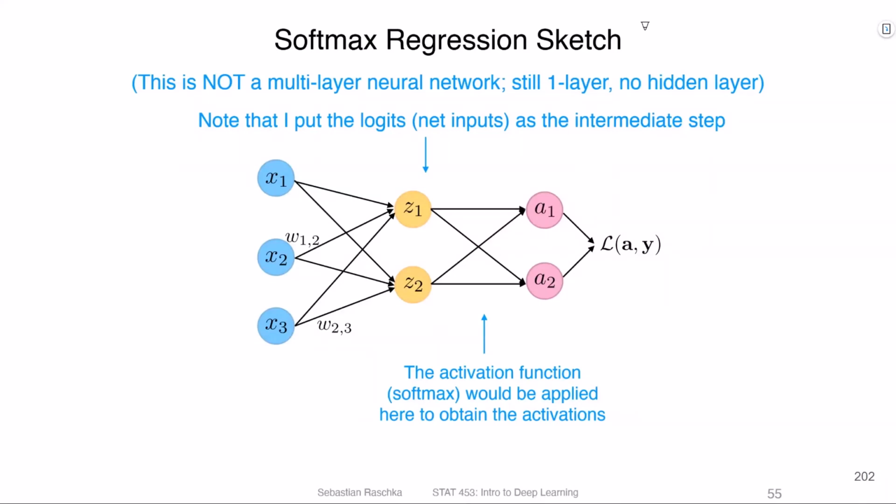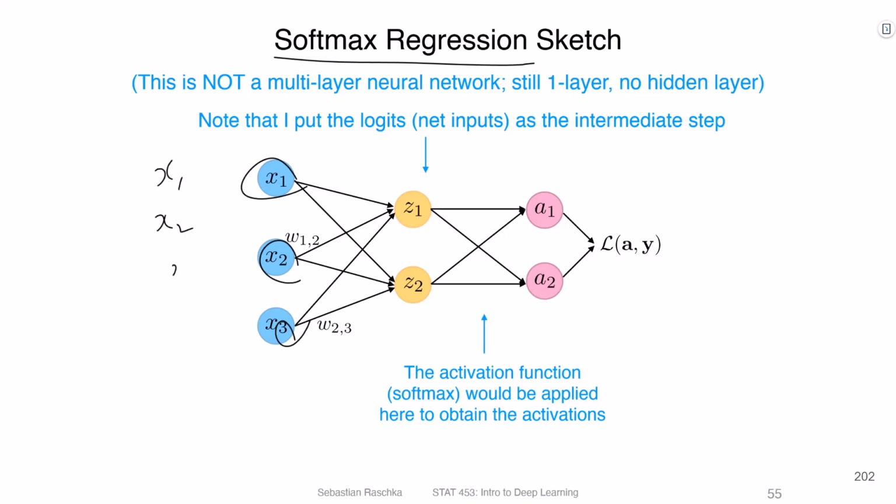Okay, now let's have a look at what softmax regression would look like with backpropagation. Here we're getting input in 3 dimensions, x1, x2, and x3. This gets multiplied with our W matrix, and we get our logits here.